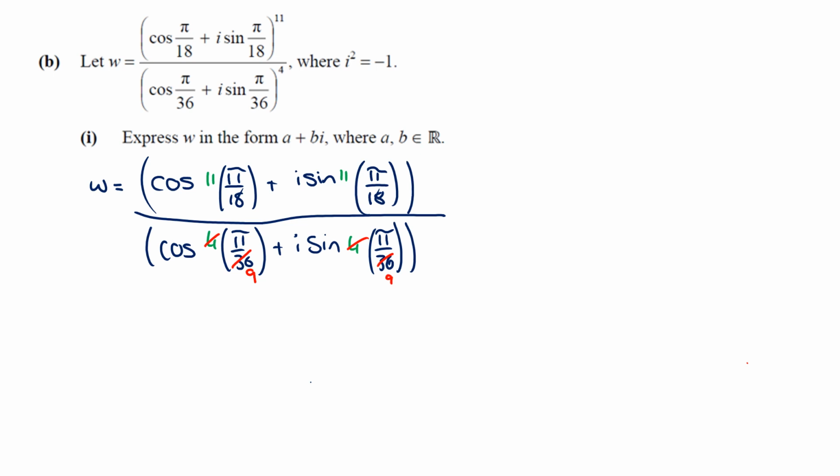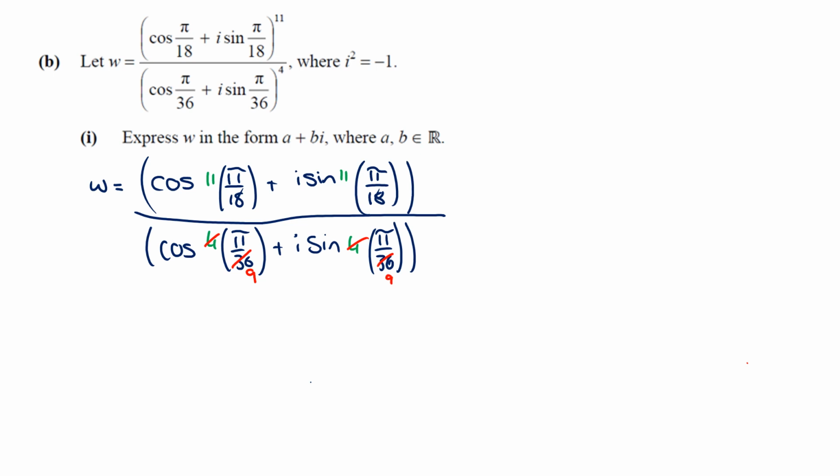So the argument: we get cos of 11 pi over 18 minus pi over 9 plus i sin of 11 pi over 18 minus pi over 9, and we're going to do a little bit of cleanup with that.